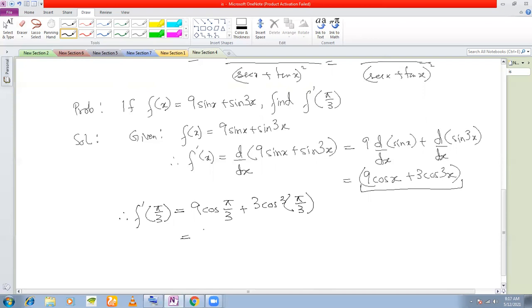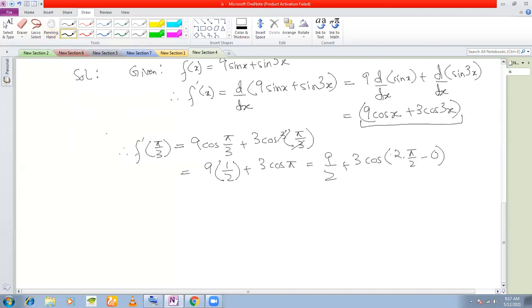Now cos pi by 3 is how much? Cos 60, which is half, plus 3 times cos pi, because this 3 will cancel. So you get 9 by 2 plus 3 times. Now how do you find out cos pi? Write cos pi as cos(2 into pi by 2 minus 0). Remember your negative and associated angle? Right. This is the way we write.